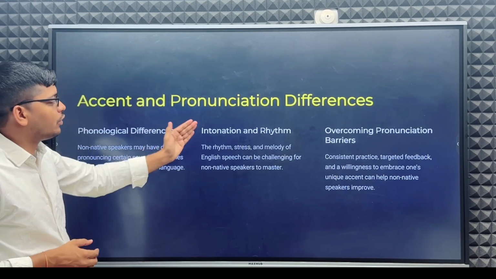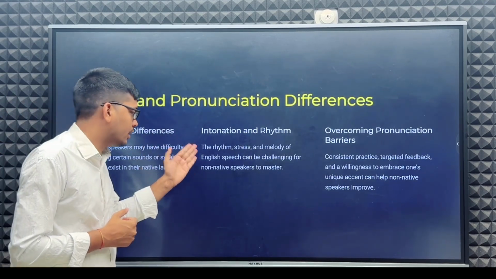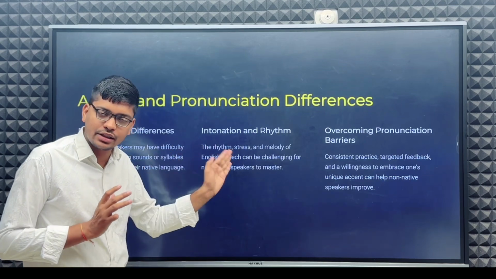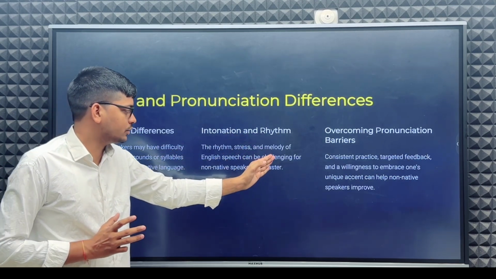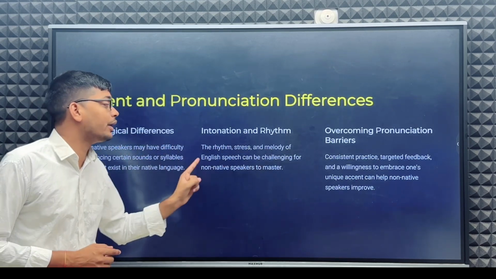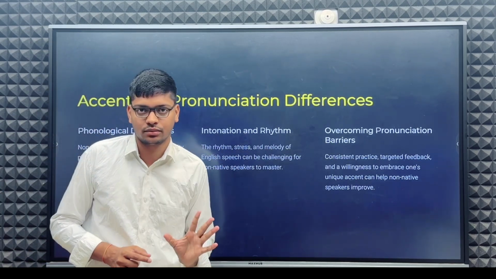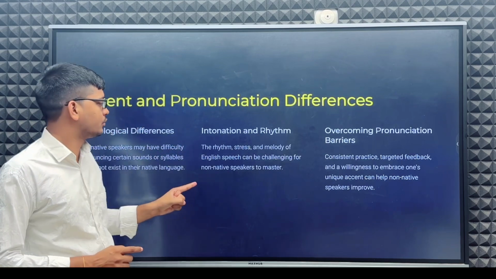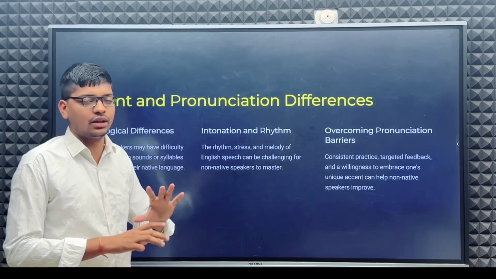Okay, intonation and rhythm. The stress and melody of English speech can be challenging for non-native speakers to master. Let's talk again about intonation and rhythm.